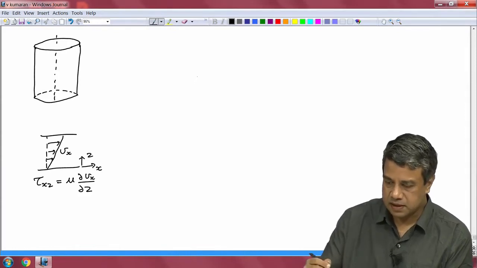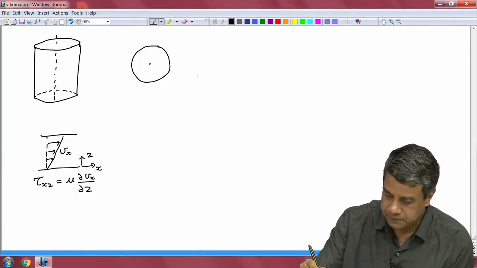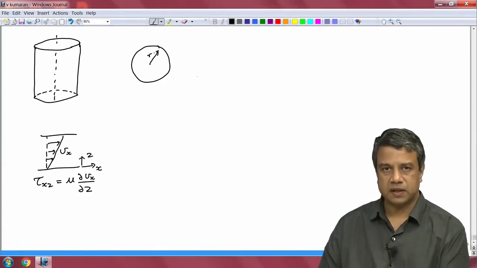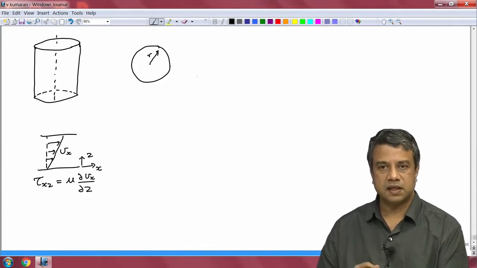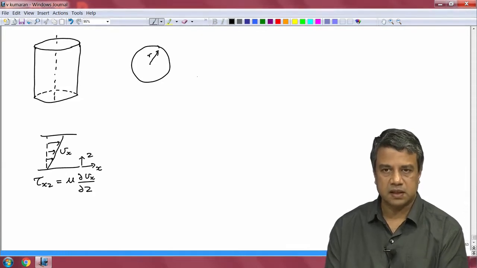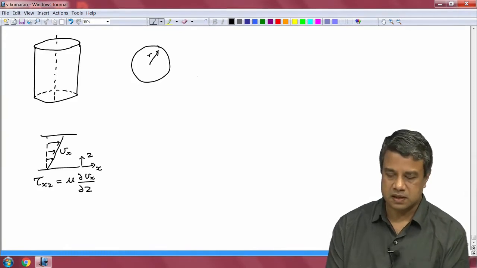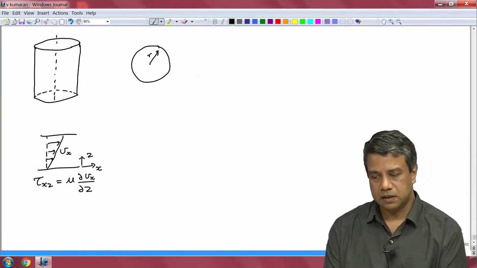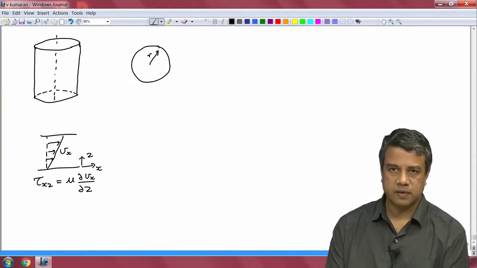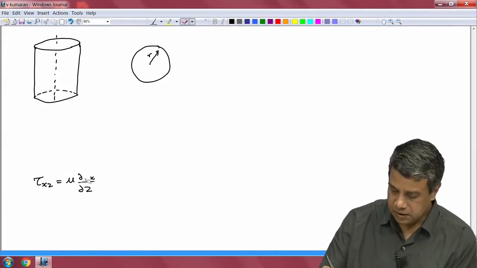In this particular case, for the cylindrical coordinate system that we are choosing, the direction of transport is the r direction. Because we assume that the r direction is the direction in which there is variation. We have assumed that the r direction is the direction in which there is a variation of the temperature, concentration or velocity. Therefore, the direction for transport of momentum is the r direction. And perpendicular to the r direction, there are two other directions.